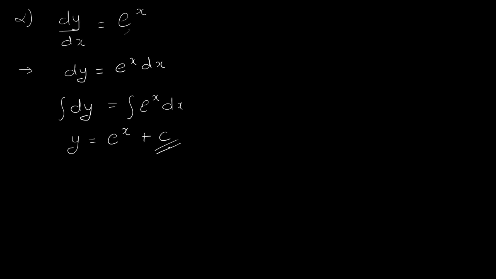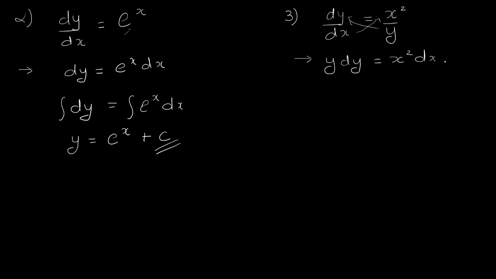It's very simple. If you see a third problem, I'll take an example. dy by dx is equal to x square by y. Now this one is also in variable separable form. This y can be brought to this side, and dx can be taken to the other side. So it will be y dy is equal to x square dx.